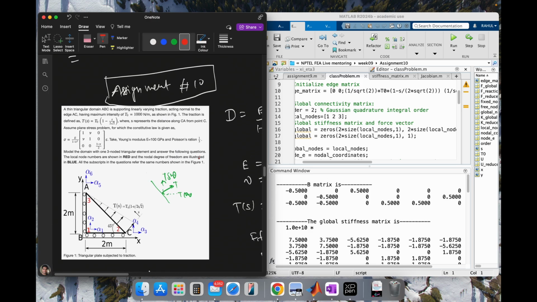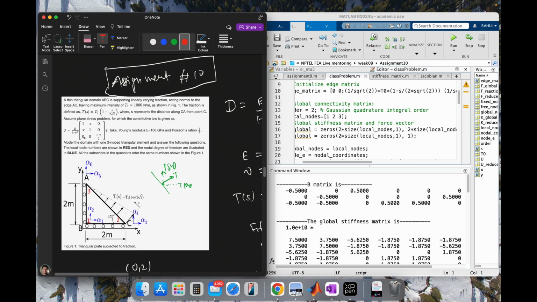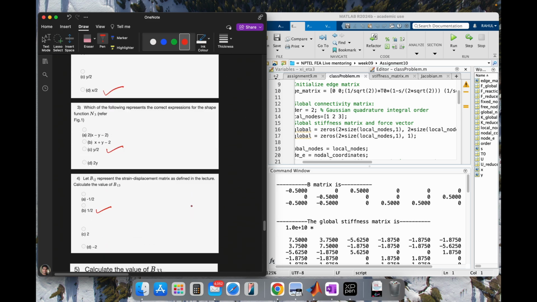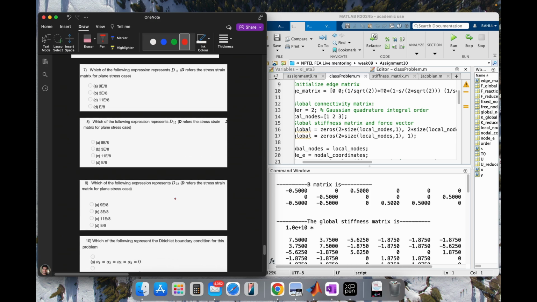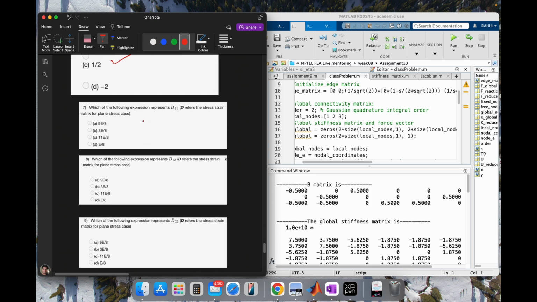The expression is already given. So D11 will be E divided by 1 minus nu square, and E divided by 1 minus 1 by 9, which means 9E by 8. So this will be the answer.